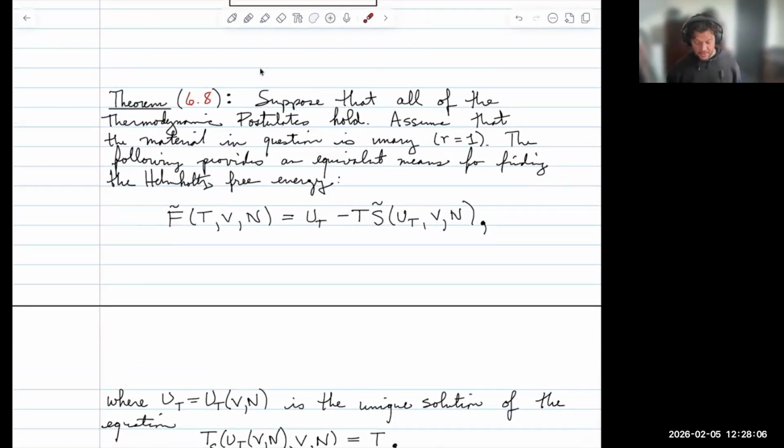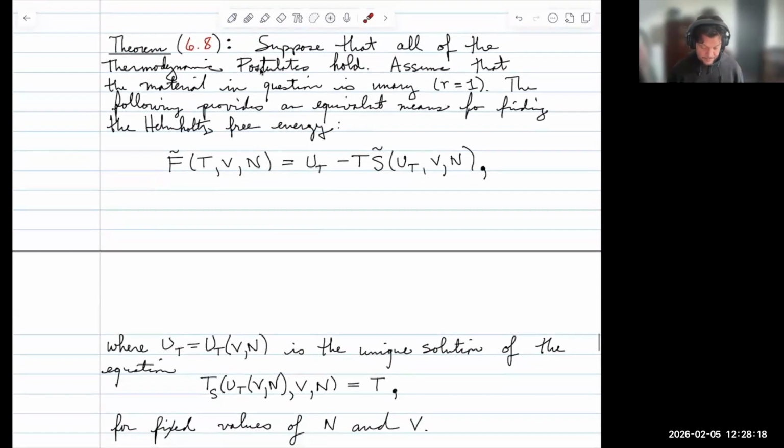First, before I get on to another example, which is going to make this clear, let me state a theorem. I can define the Helmholtz free energy in a couple of different ways. And another equivalent way for finding it, at least for the unary case, is as follows. F of T, V, and N. So notice this is exactly the same function as above.